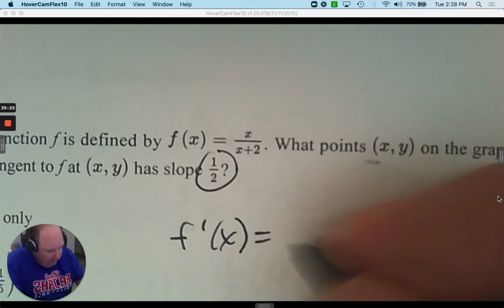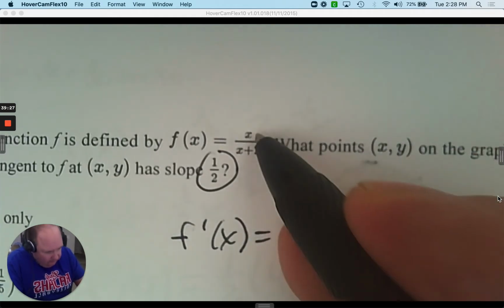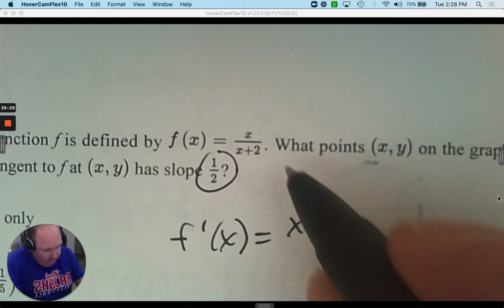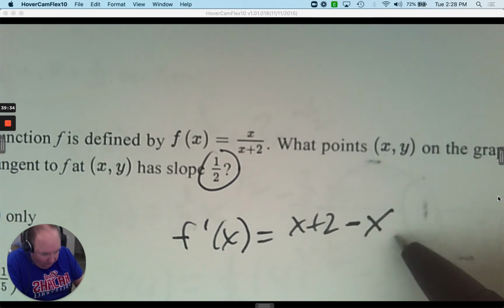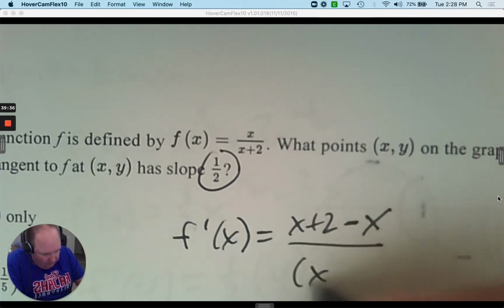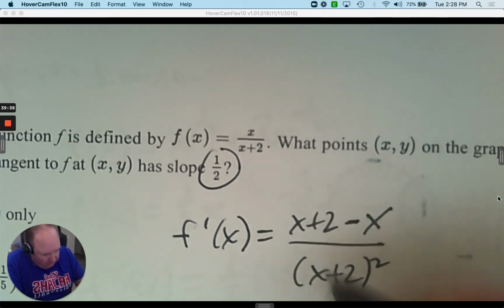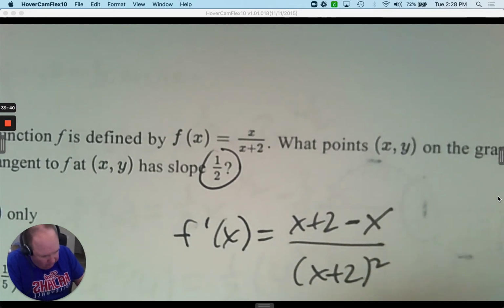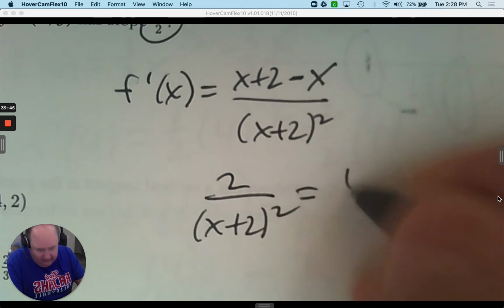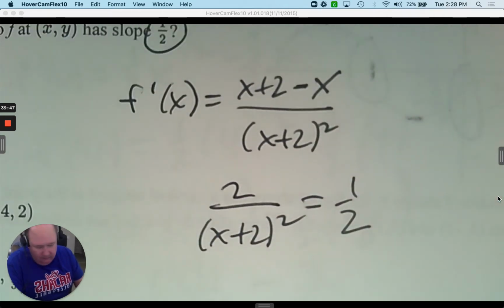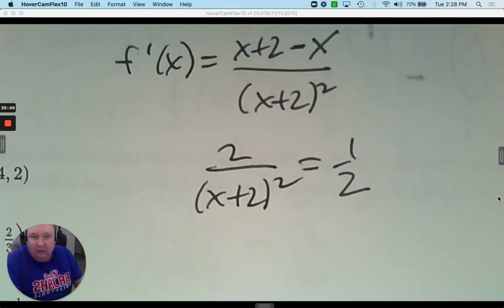That's the bottom times the derivative of the top, which is 1, minus the top times the derivative of the bottom, which is 1, and then the bottom squared. If I combine like terms here, you get 2 over x plus 2 squared. We're going to make that equal to 1/2, and then solve for x.